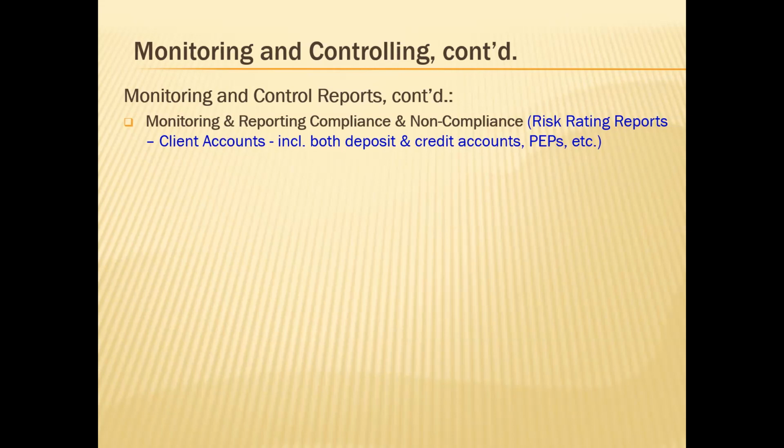Normally those clients that have a higher risk rating, you want to look at first to make sure that they are compliant, that you have all that is necessary for them. You have the building insurances, the life insurances, assignments of those life insurances, the collateral, the recorded documents, or at least the registry receipt. You have the annual business license if it's a company, et cetera. So the compliance and non-compliance reports are essential.